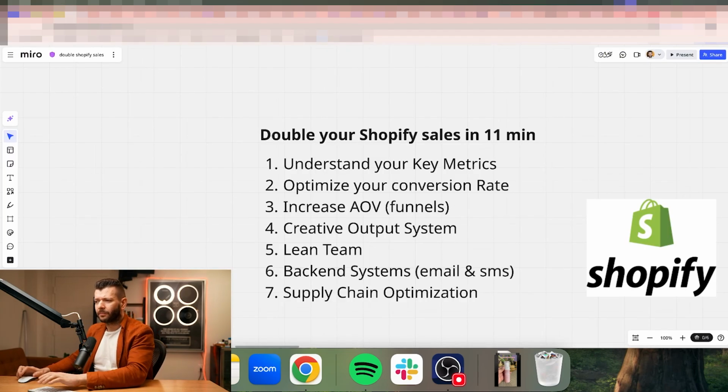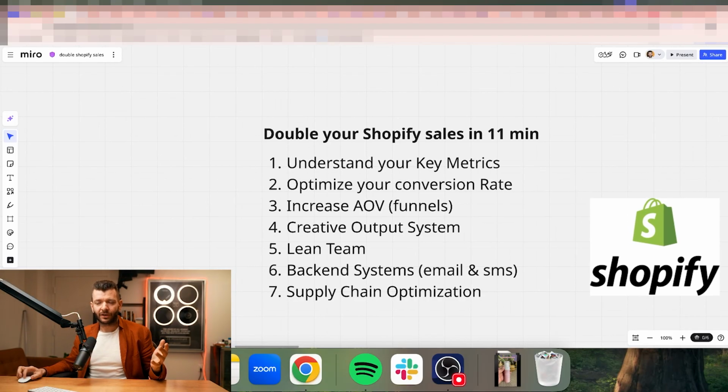Next one here is very boring. Most people don't want to talk about it, most people don't want to think about it, but it's supply chain optimization. What it means is working with the right factories, negotiating your terms, negotiating the cost of your product, negotiating the MOQs, negotiating the shipping, planning your inventory, forecasting.